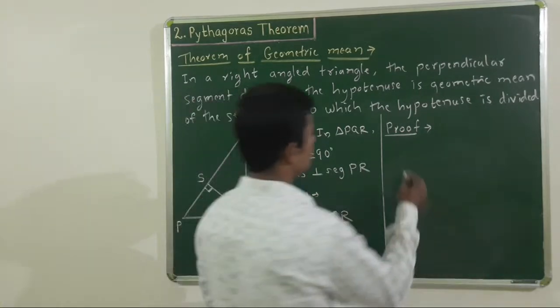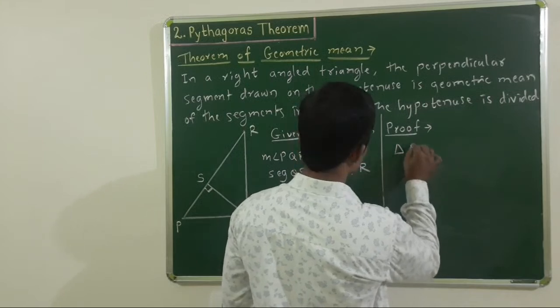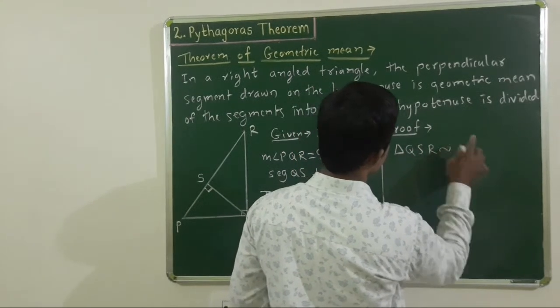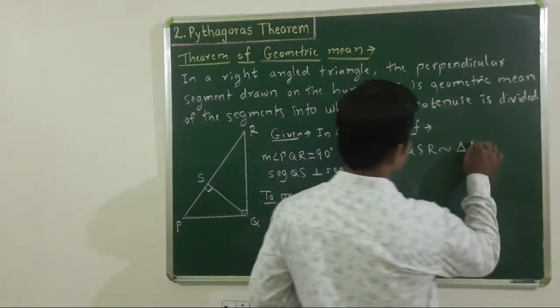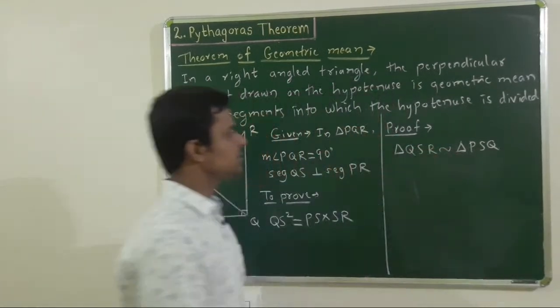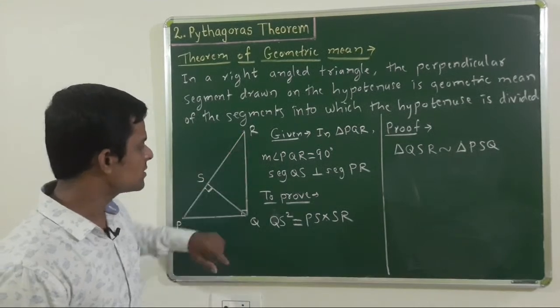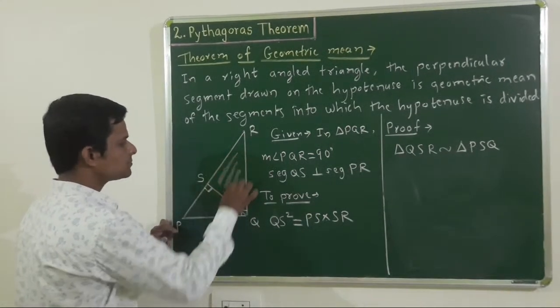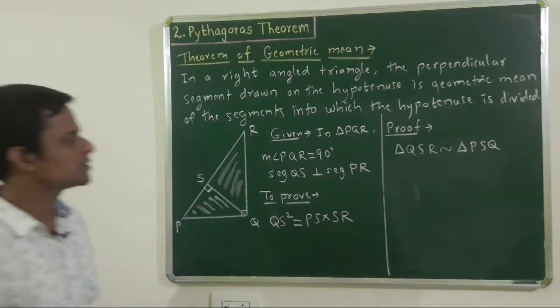That is, triangle QSR is similar to triangle PSQ, by using that previously proved theorem. These two triangles are similar to each other.